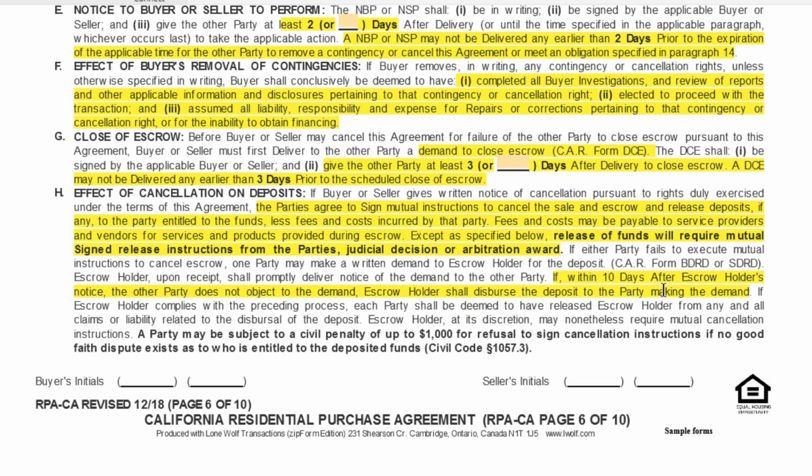And if within 10 days after the escrow holder's notice, the other party does not object to the demand, the escrow holder shall disperse the deposit to the party making the demand. And as a footnote, a party may be subject to a civil penalty of up to $1,000 for refusal to sign cancellation instructions if no good faith dispute exists as to who is entitled to the deposited funds.